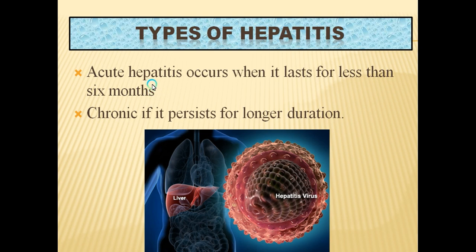If the duration is less than 6 months, then it is acute hepatitis, and if it is more, then we call it chronic. So our basic demarcation is 6 months. If it is less than 6 months, it is acute. If it is more than 6 months, it is chronic. Okay, so these are types of hepatitis according to duration.